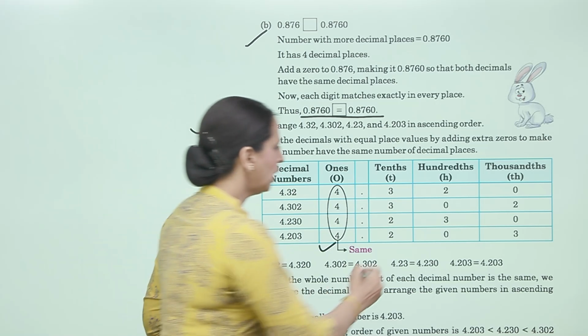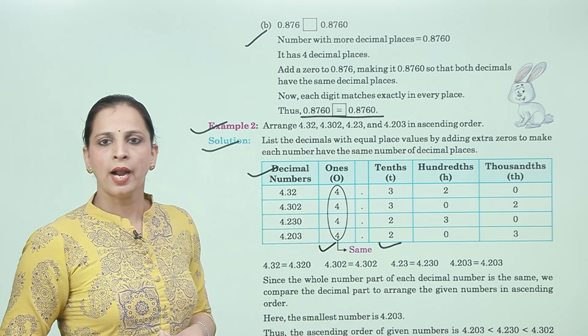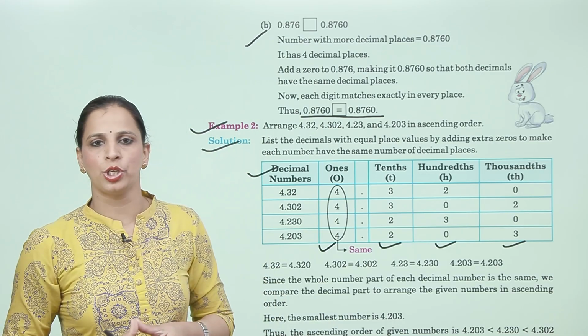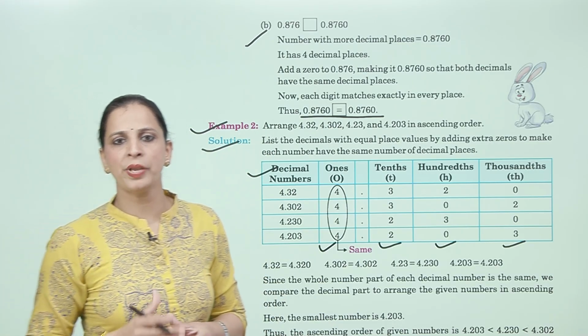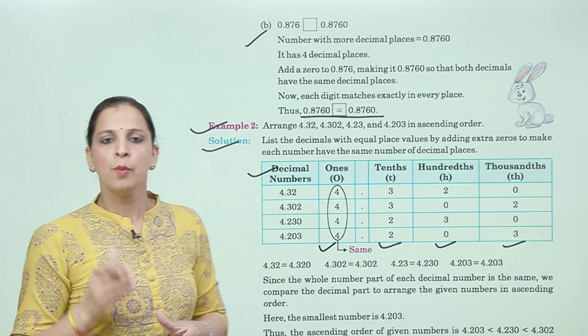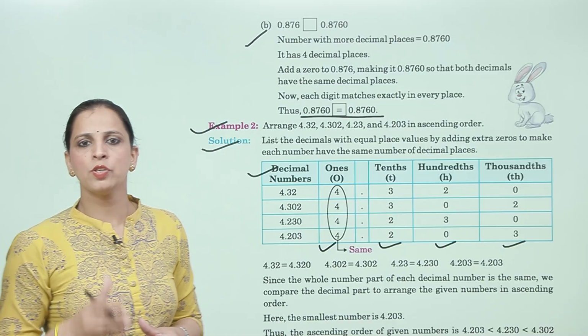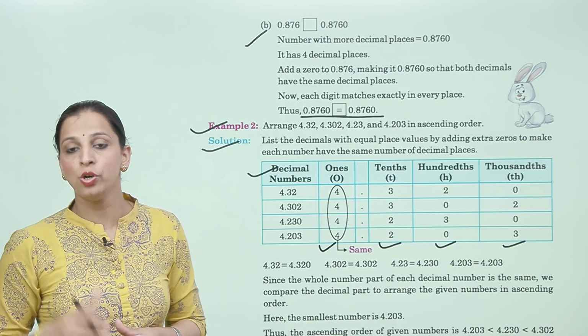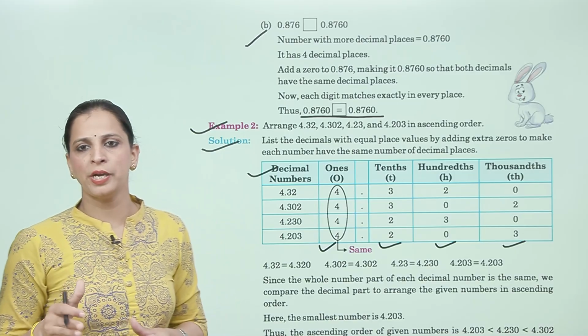Now 10th place: 3, 3, 2, 2; 100th place: 2, 0, 3, 0; and 1000th place: 0, 2, 0, 3. Now 4.32 becomes 4.320, 4.302 stays 4.302, 4.23 becomes 4.230, 4.203 is 4.203.